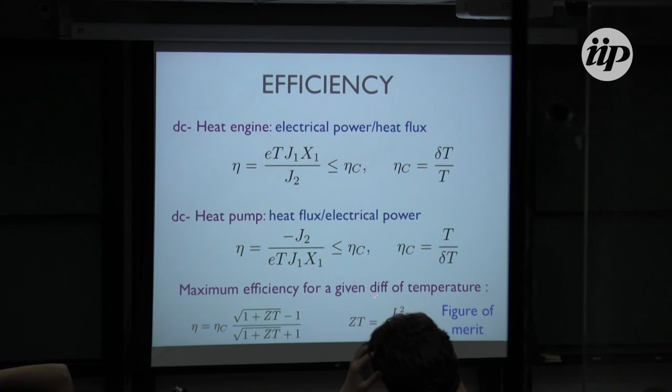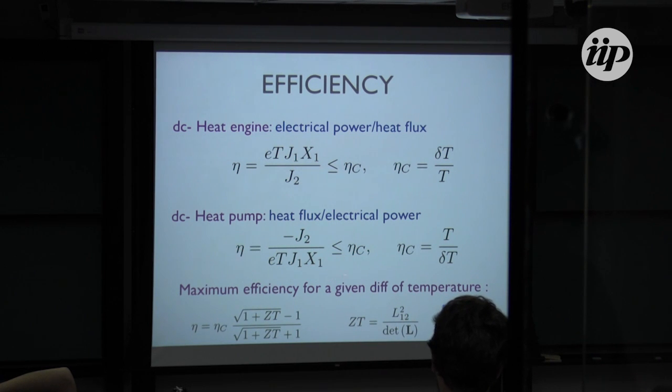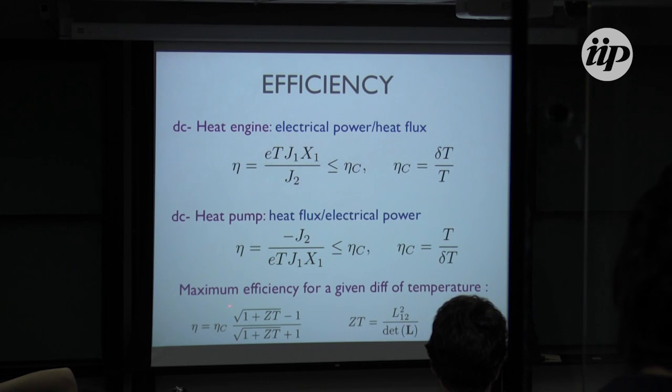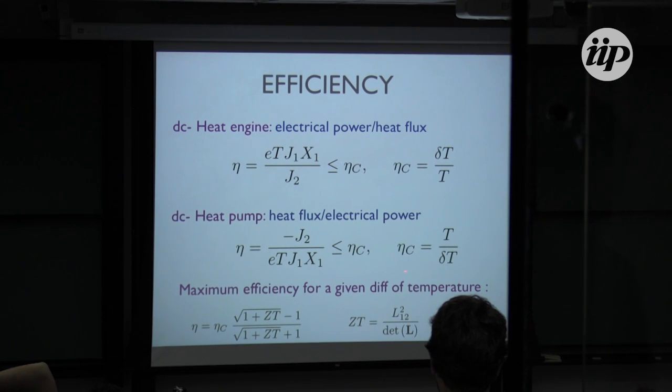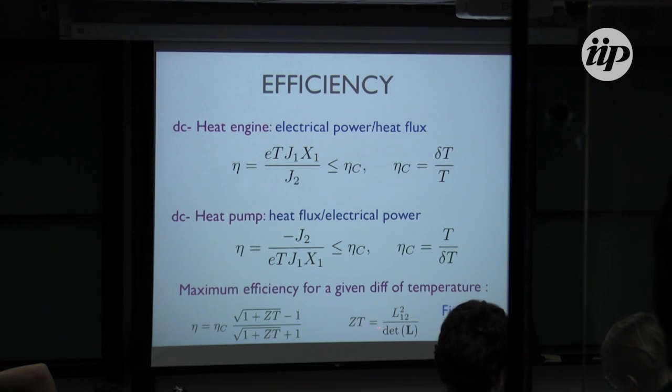Taking into account the previous linear relations and also the constraints for the transport coefficients, the maximum possible efficiency, if we fix the difference of temperature applied at the reservoirs, can be parameterized in this way, where we have in front of this equation the Carnot efficiency, and this quantity ZT, which was already mentioned in a previous talk, is the so-called figure of merit, which is a function of the transport coefficients.